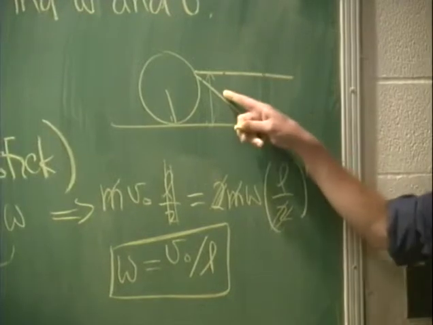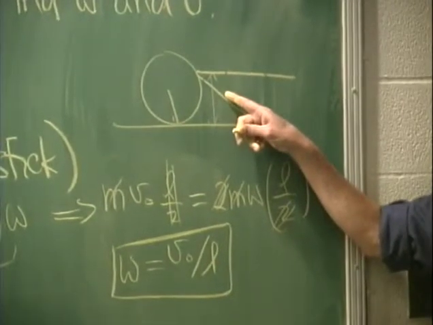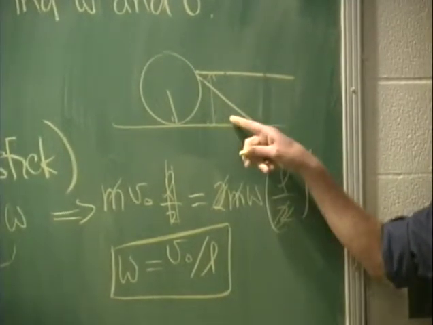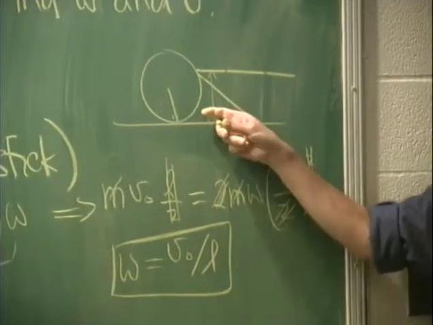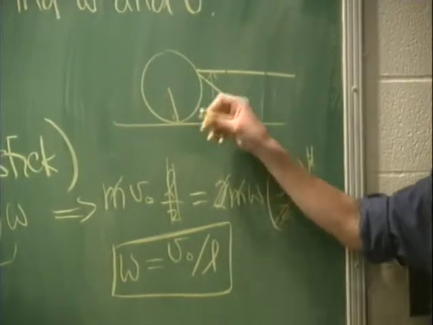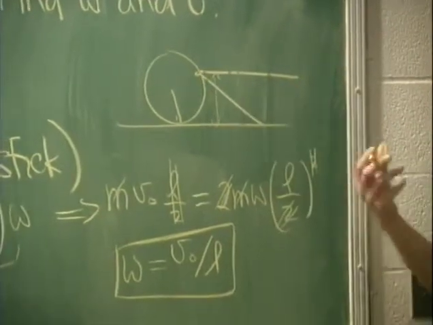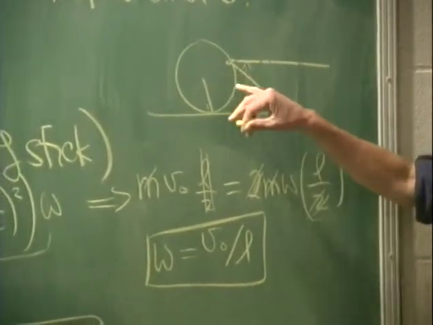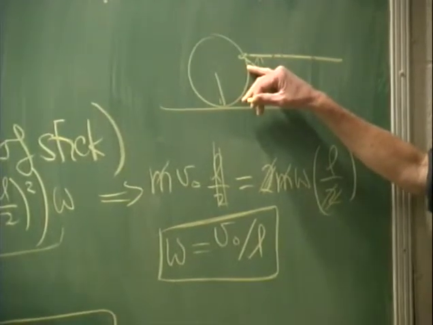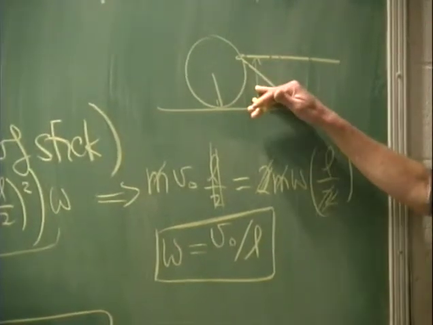In fact, I think it's 7/5 the radius is the height here, as I remember, as it comes from the moment of inertia of the sphere. But you want that height to be exactly such that the point of contact where it hits there is the center of percussion, the point which would instantaneously be at rest.